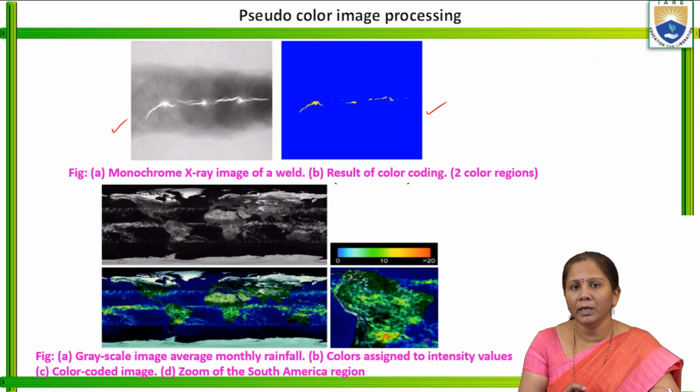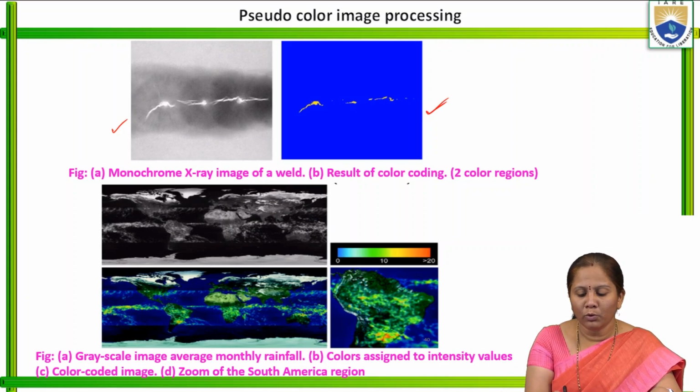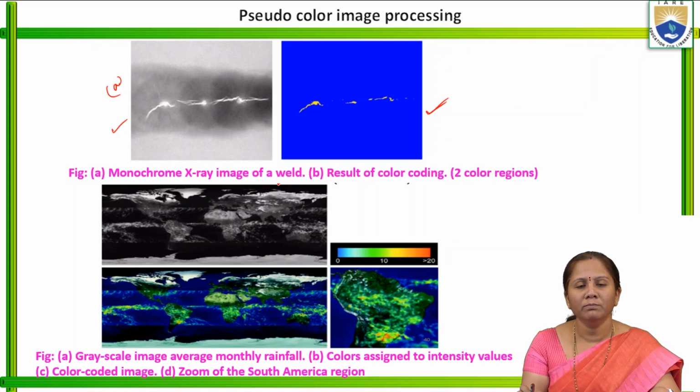If it is below T, one color, above T, another color. So only 2 colors are used here. This is A, which represents the monochrome X-ray image, and this is B, which results in the color coding, that is pseudo color, by using only 2 color regions.